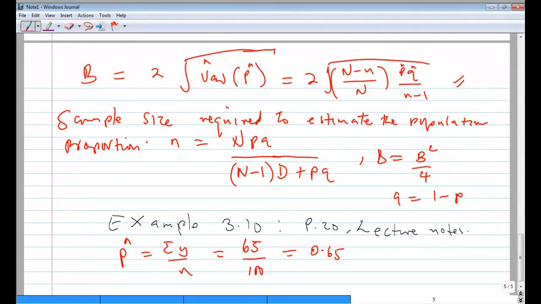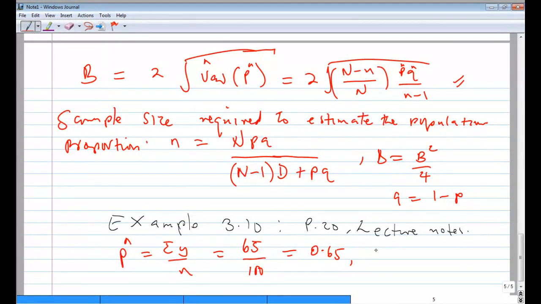So the estimated population proportion is 0.65. Can you interpret this in terms of percentage? 65% of what? Of the estimated population proportion.